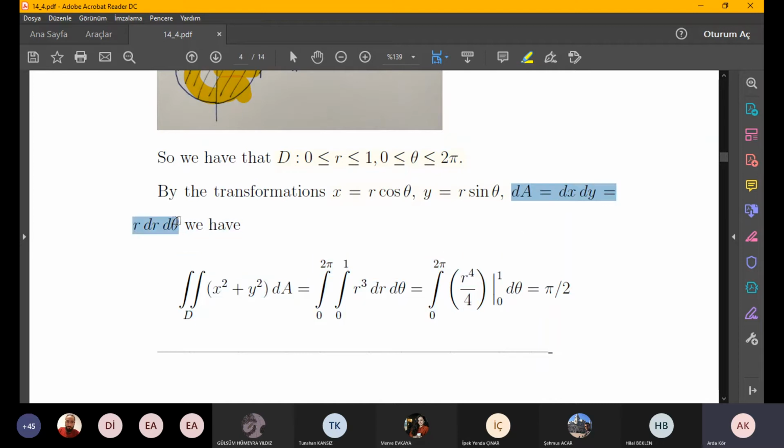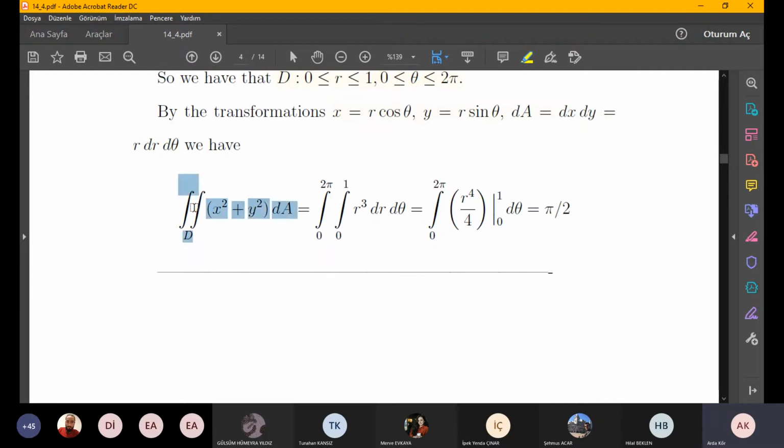So if we write the integration that we want to compute in polar coordinates, then x squared plus y squared is equal to r squared, and dA equals r times dr times d theta. If you multiply r squared by r, you get r cubed.